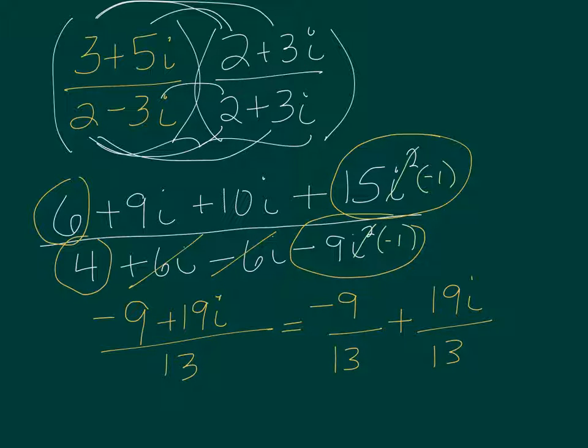The last thing we want to talk about is when we have a division and in the denominator we don't have a binomial, we maybe only have a monomial, like 2i. I don't actually need to multiply this by an entire conjugate.